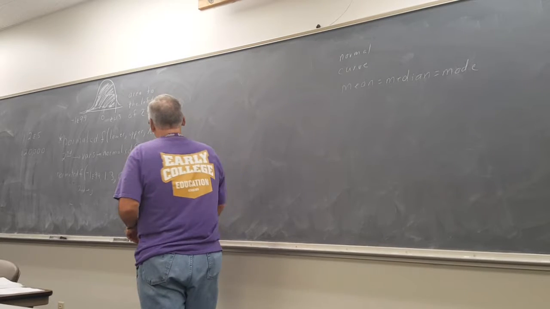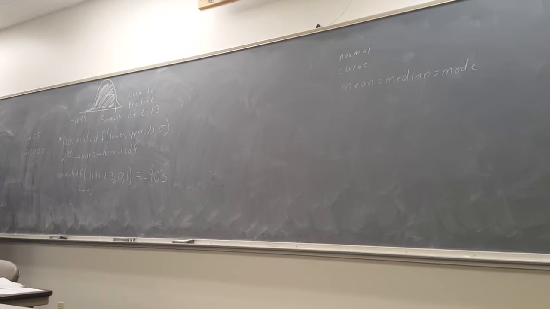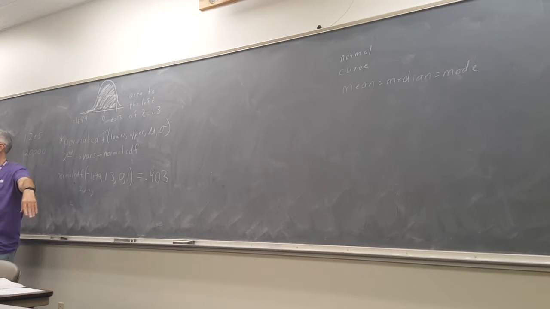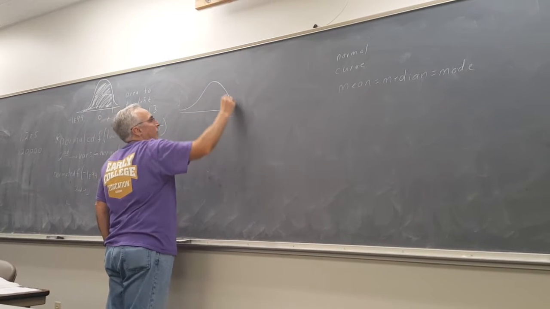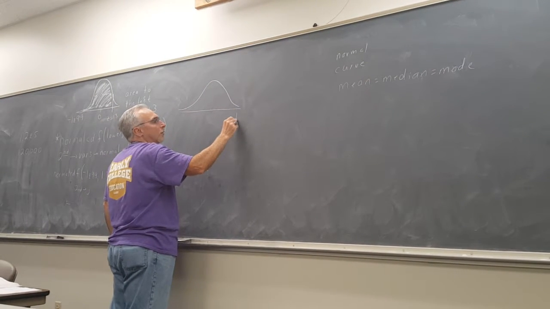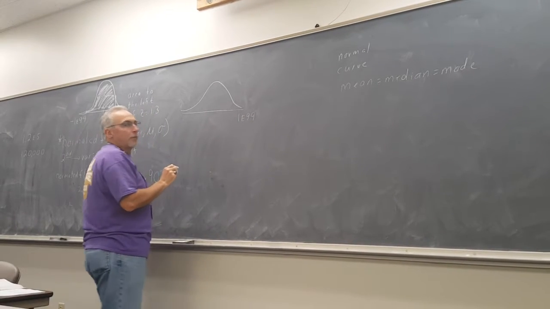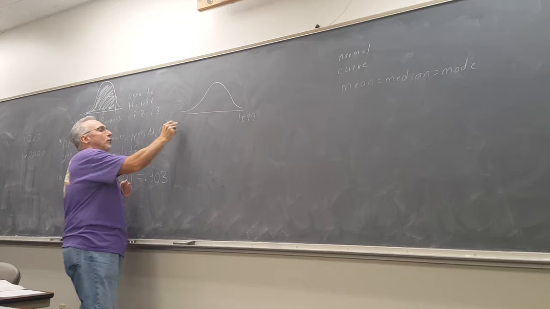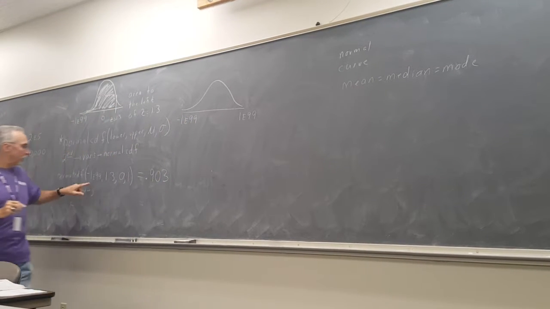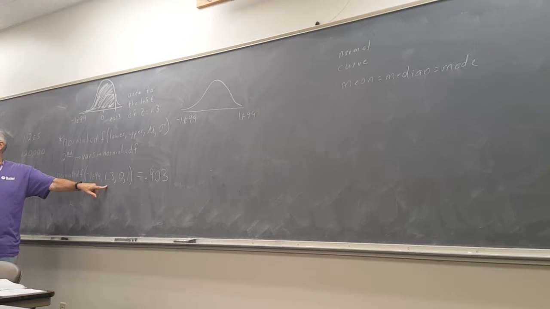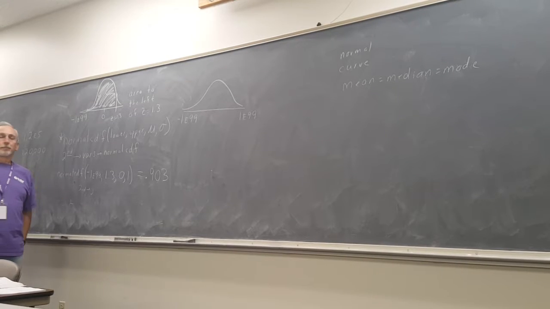Now, if your problem goes all the way to the right, you're going to use 1 e to the 99. And if you really, just for fun, wanted to do the whole curve, you could go from the left to the right, and what would your answer be? 100%, or just one, exactly.